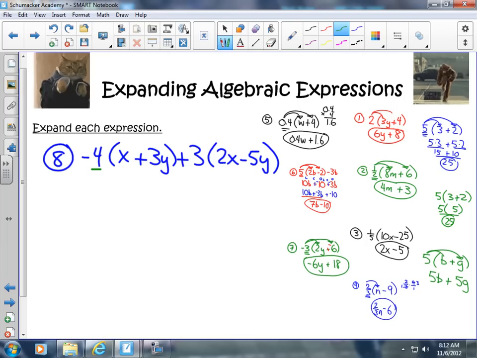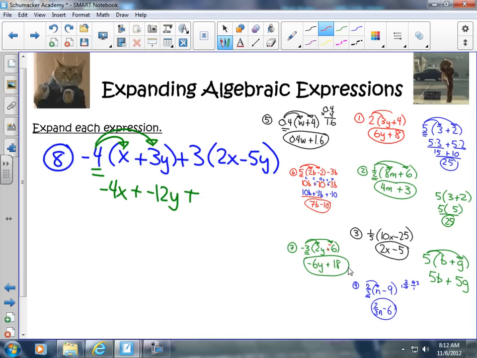If I do negative 4 times x, I'm going to get negative 4x plus negative 4 times 3y is going to get me negative 12y. Then I'm going to go ahead and do my next set. Let's go ahead and do 3 times 2x, which is going to give me 6x minus 3 times negative 5y, which will get me negative or minus 15y.